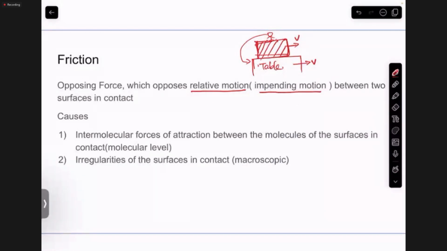Think about a very rough surface, and I'm trying to push a block. If it is very rough, intuitively you can imagine that the rough surface is going to provide a lot of friction. So you need to push that block with even more force so that there will be a motion happening.